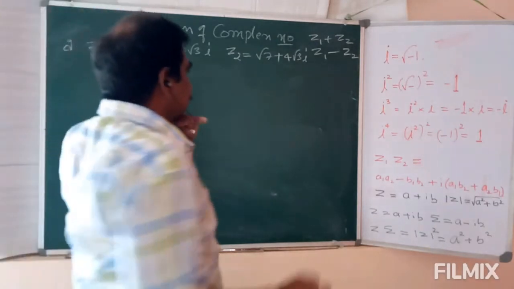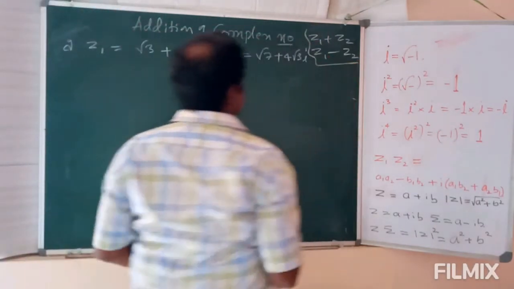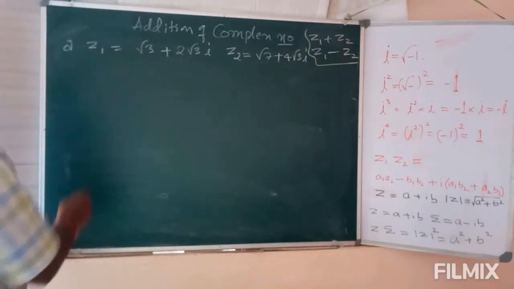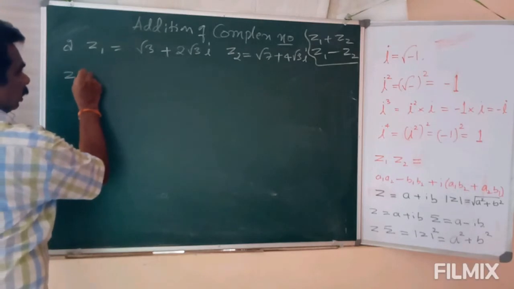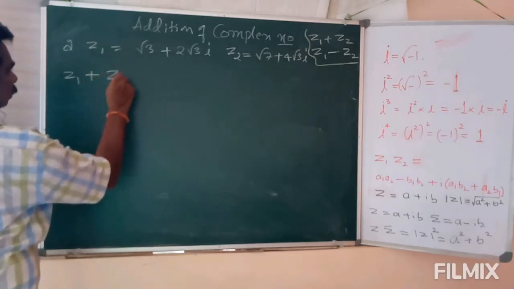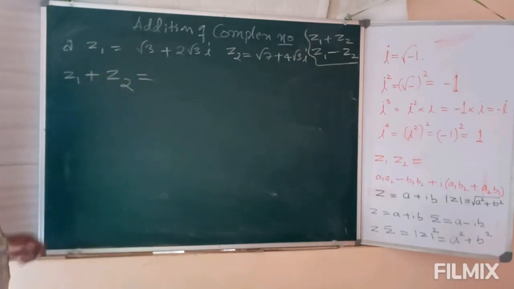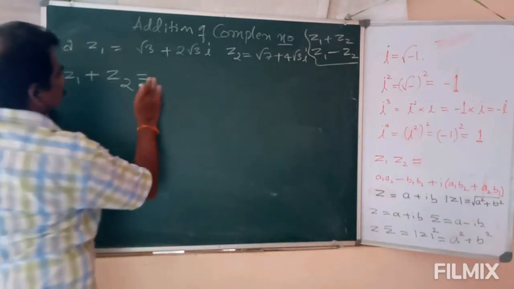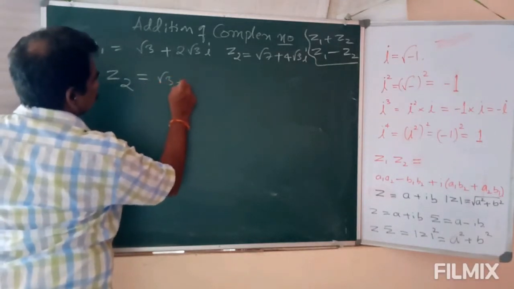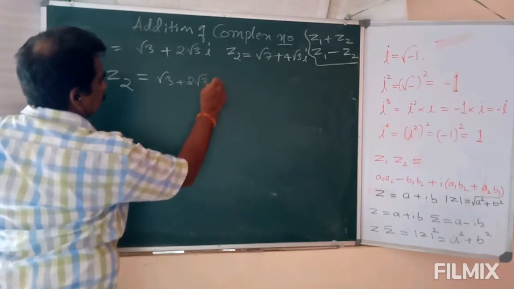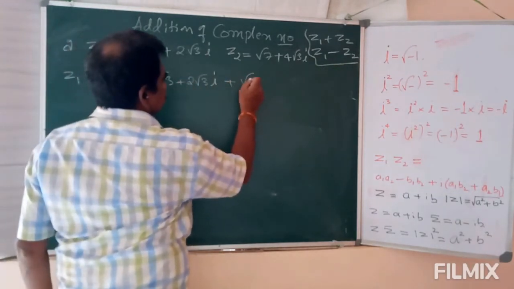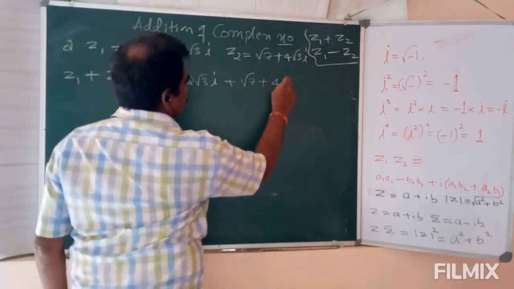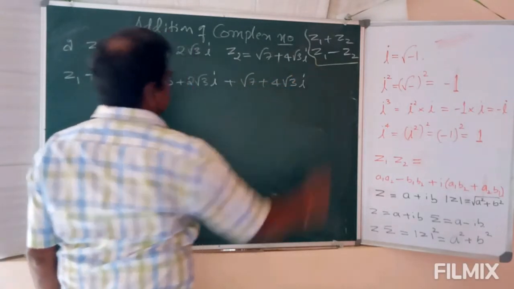So to find Z1 plus Z2 and Z1 minus Z2. Z1 plus Z2. What is Z1? Root 3 plus 2 root 3i plus root 7 plus 4 root 3i.